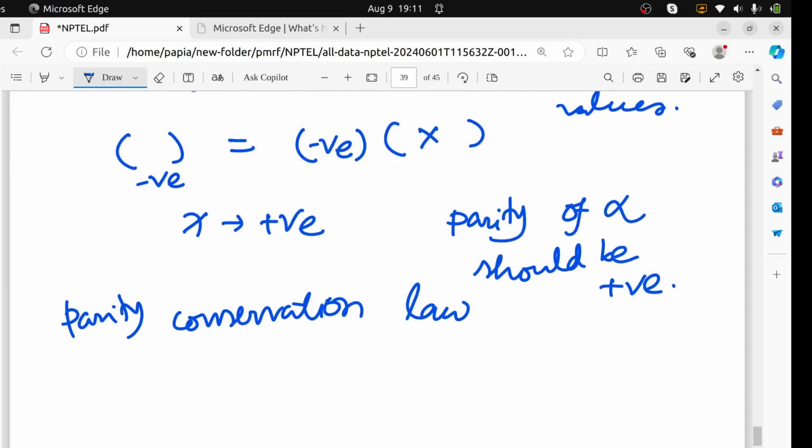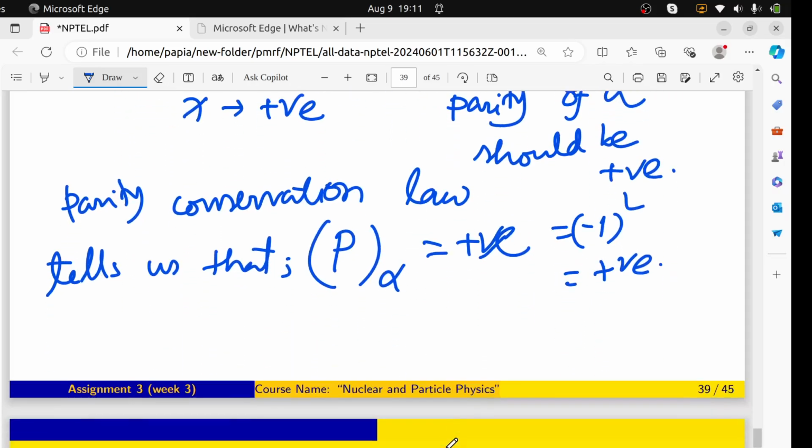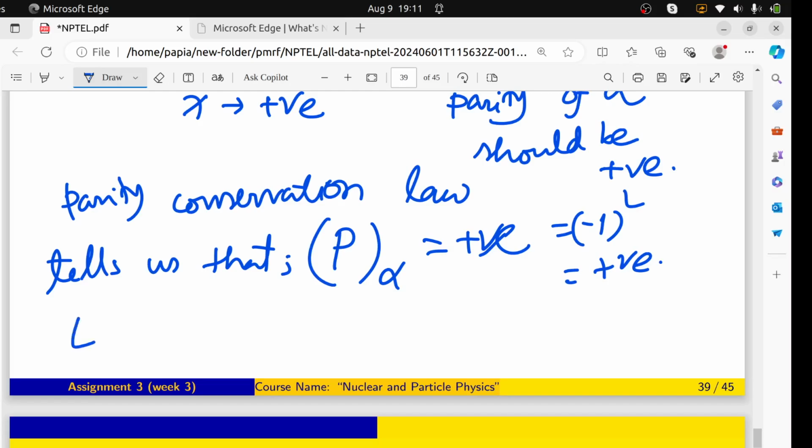Now the parity conservation law tells us that the parity of alpha should be positive. What does this mean? This means that minus 1 to the power L should be positive. Previously we had L as 0, 1, 2, 3. L can have these 4 values.